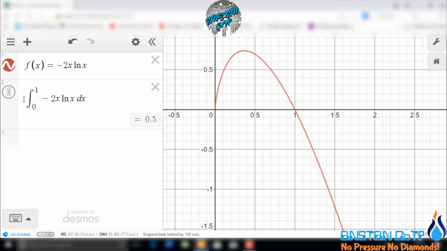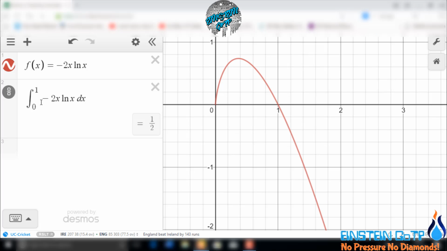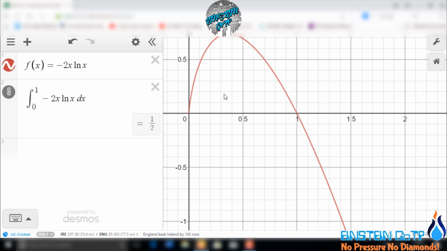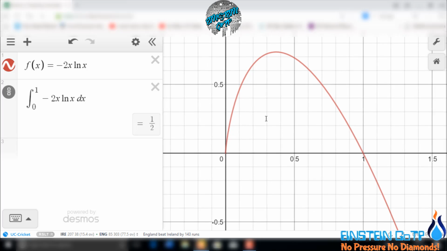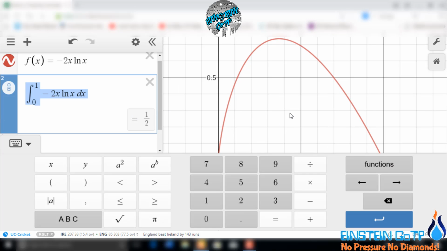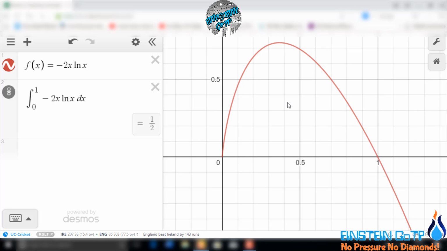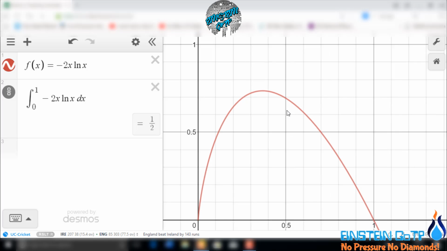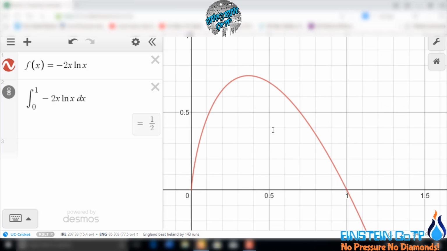Oh my god, can you believe that? The integral of this function from here to here, I mean the area basically, is half. So we have got a new definition for 1/2, this function. So it is a very good idea. It may not look like half, but it is half. The area is half.